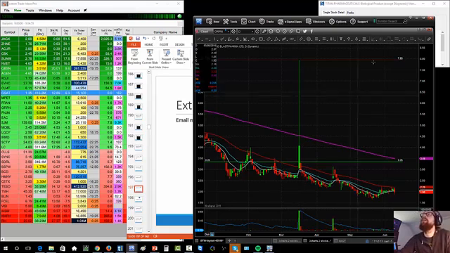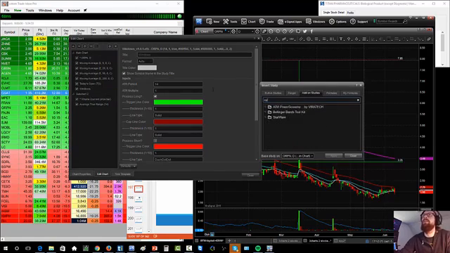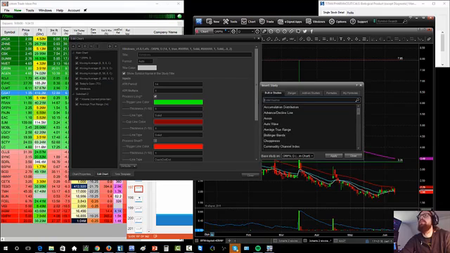RSI, let's see. I'm not 100% sure how RSI is calculated. Let's see if I put it on here, if it'll give us any description. There it is.